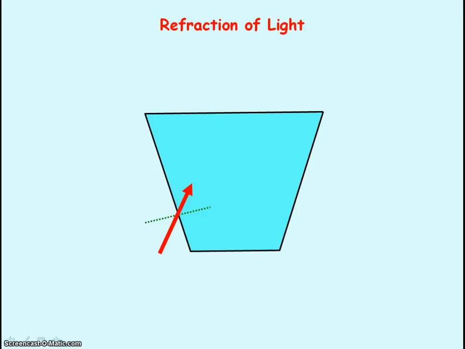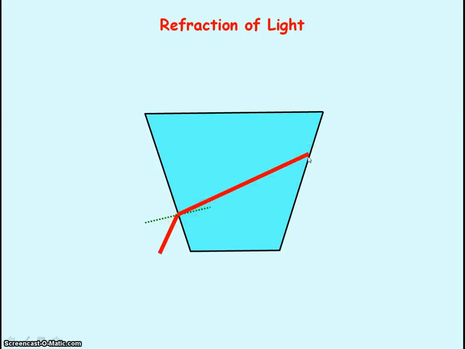However, because the ray of light is moving into the glass block, which is a denser medium, light will slow down, its speed will decrease, so that means it will be refracted towards the normal line. So this line needs to change direction so it's towards the normal line.